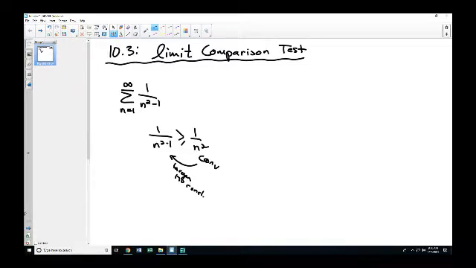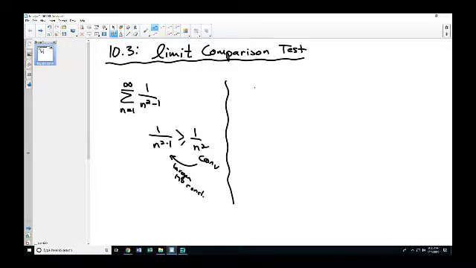Okay, but there's something handy called the limit comparison test. So here's the limit comparison test. We are going to compare the two in an infinite limit.